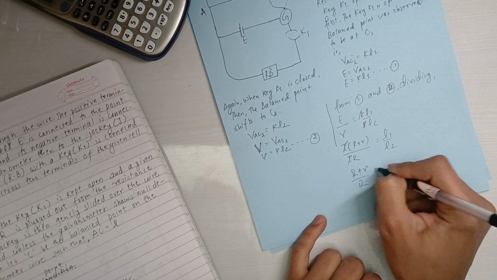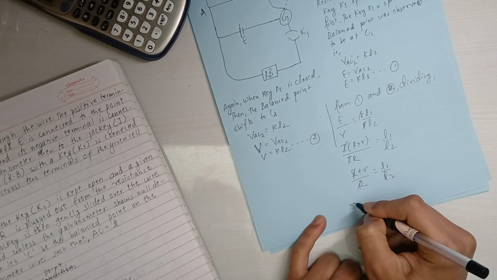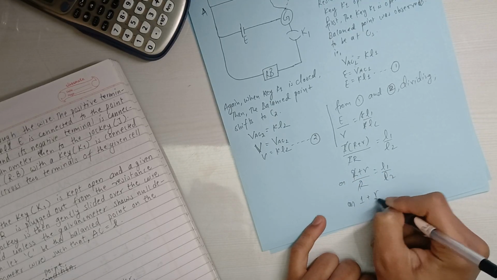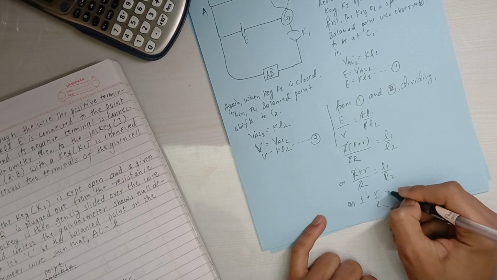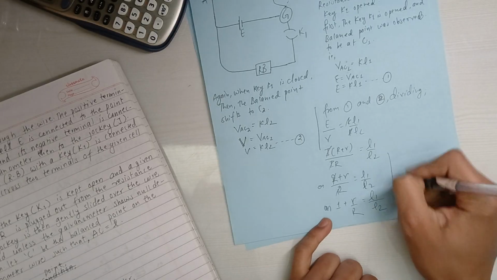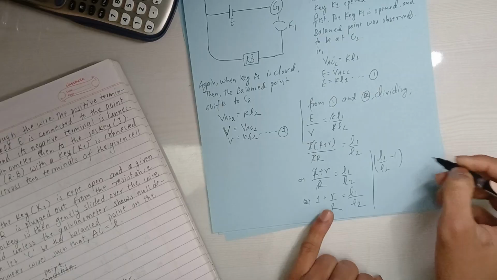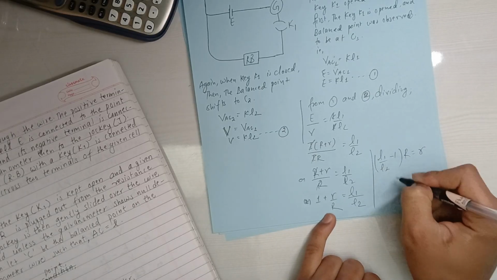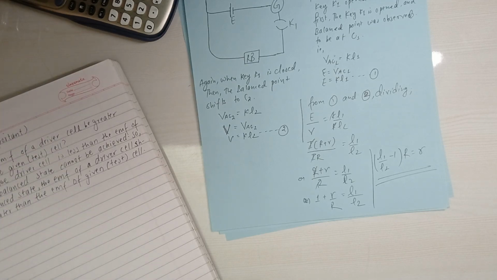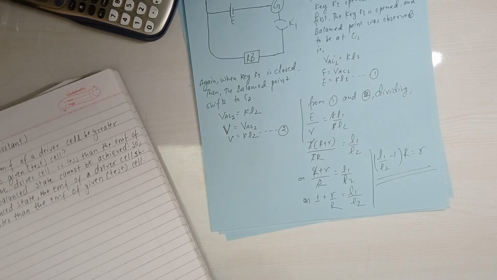So (R plus r) by R equal to L1 by L2, which is 1 plus r by R equal to L1 by L2. If you take the one to the other side, (L1 by L2 minus 1) times R will be equal to r, and this is the relation for the internal resistance of a cell. You can determine it by using this method.